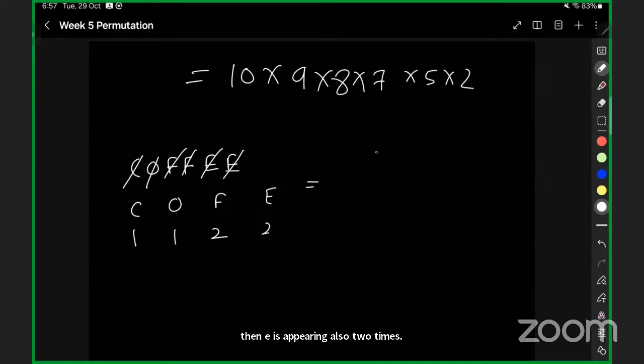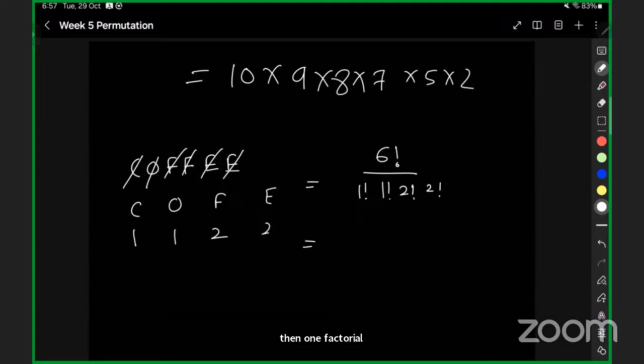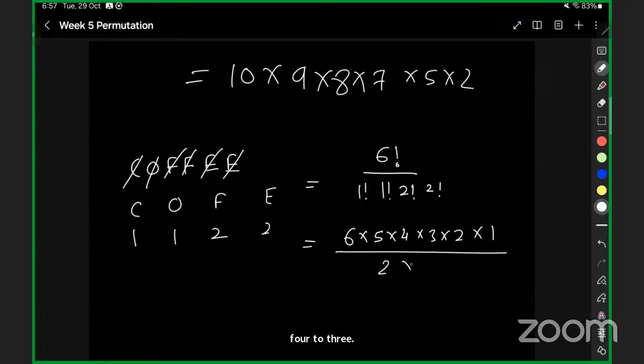N factorial, which is 6 factorial, then 1 factorial, 1 factorial, 2 factorial, and 2 factorial. So 6 into 5 into 4 into 3 into 2 into 1, divided by 2 into 2, right? 2 factorial is 2 itself. So we can remove this and we'll have 30 into 6, which is 180.